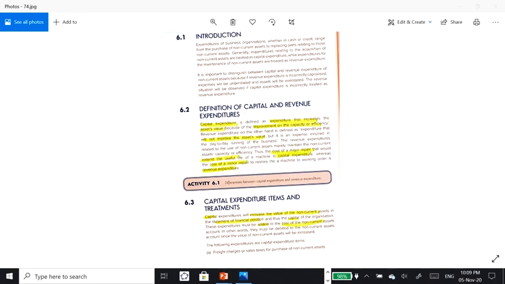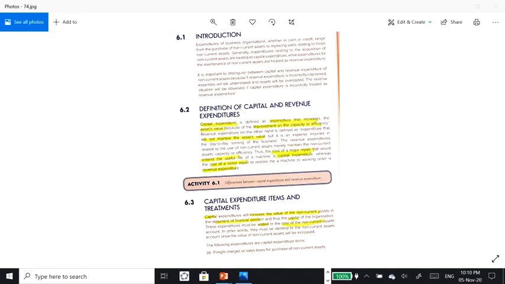Okay, so sekarang kita akan tengok pada treatment pula. Capital expenditure, items and treatment dia macam mana. Kalau capital expenditure, dia akan increase the value of the non-current asset. So kita akan masukkan dia dalam statement of financial position. Sebab statement of financial position ada asset, liability, owner's equity. Sebab tu kita masukkan capital expenditure di dalam statement of financial position. Kita tambahkan dekat cost of the non-current asset.